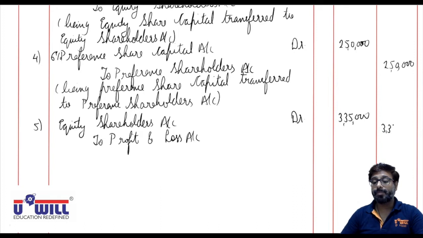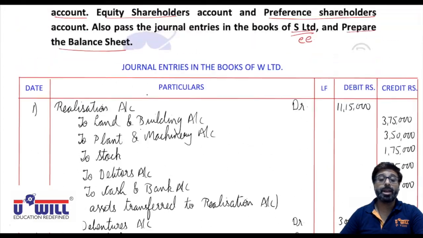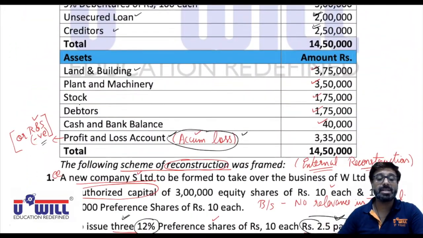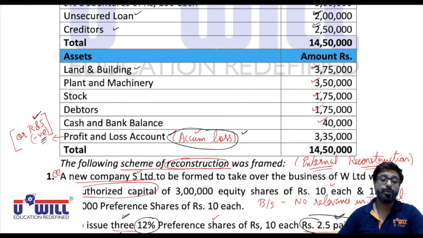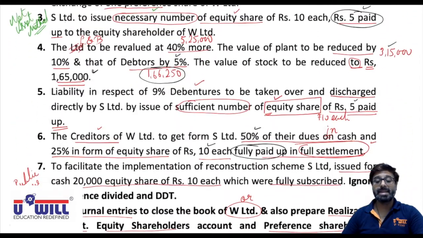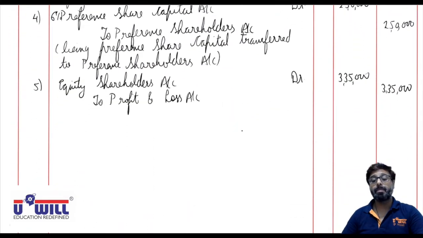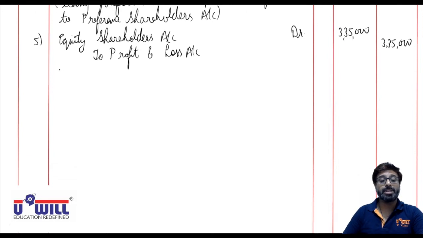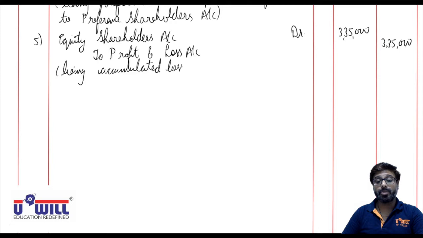Mind well, the same amount can also be given on liabilities side in reserves and surplus as a negative figure. But the entry would remain same, being on liability side doesn't become really a positive credit balance. If it's a negative figure, it's a debit balance only. To close it, we reverse and credit that and we transfer to equity shareholders account, being accumulated loss transferred to equity shareholders account.